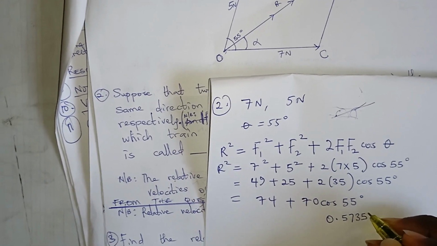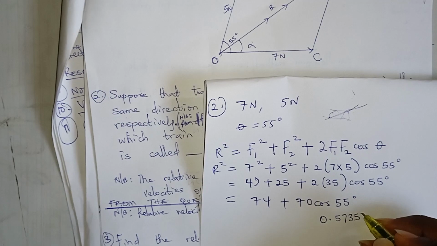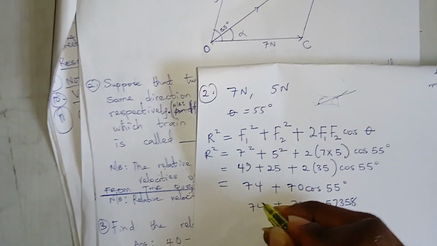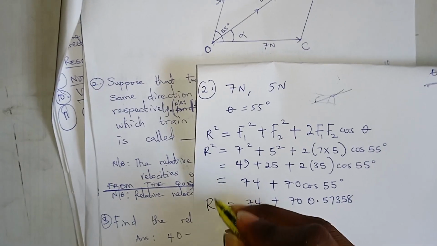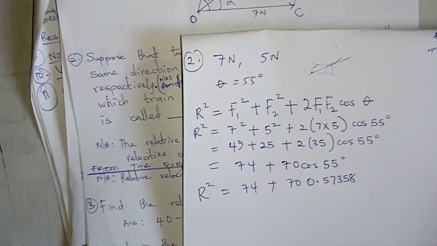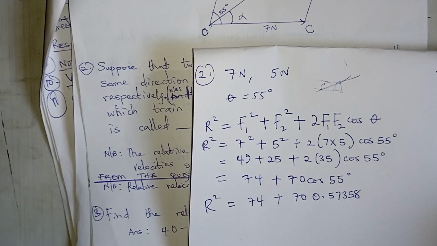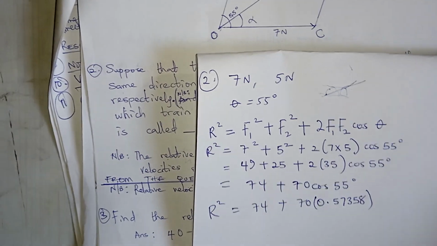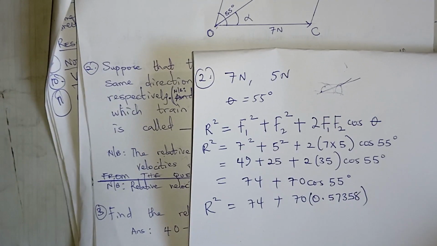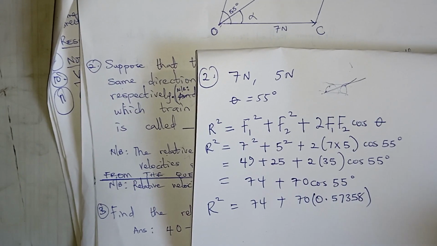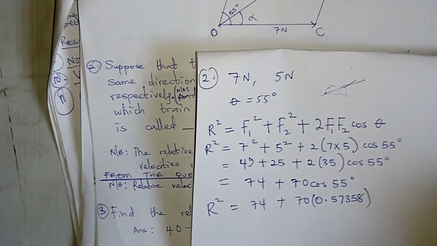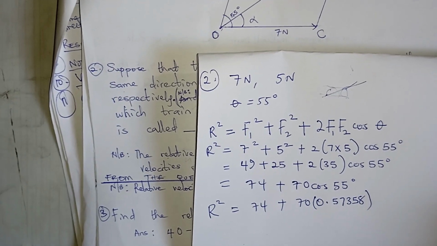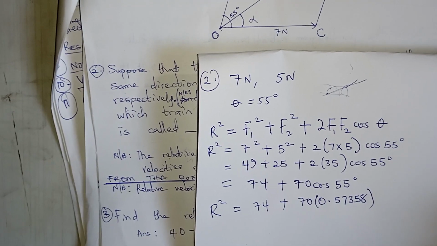Then 70 plus 74. Remember, we are still carrying our r square. So this is the same thing as saying 70 times 0.5735.